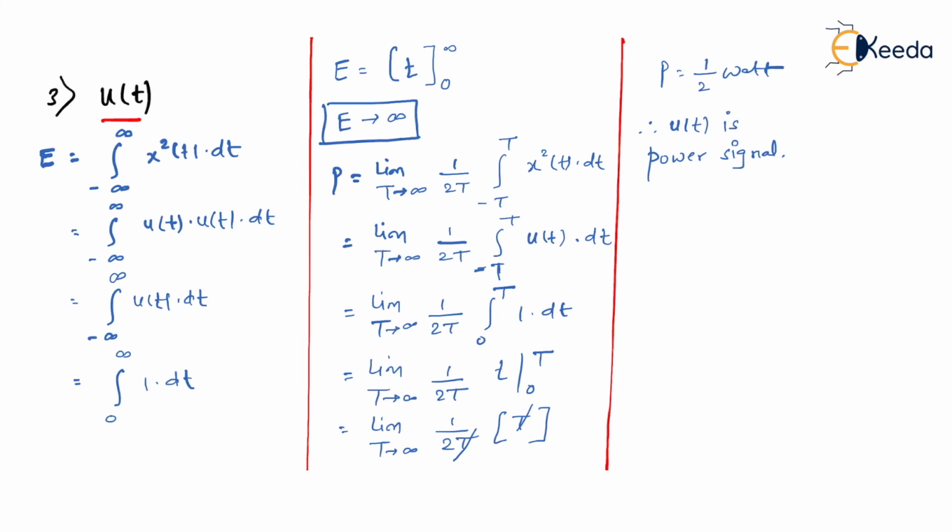Is that right? But as I said, we need to see the graphical approach and try to identify without actually solving this problem. So let us try to draw u of t. Now, first question: do you think that signal is bounded or unbounded in nature? It is quite clear that it is a bounded signal.